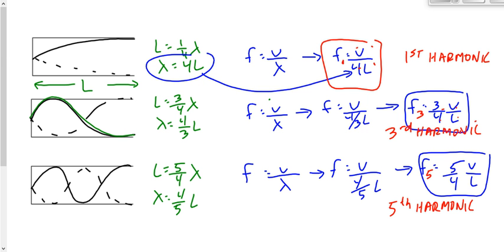We would multiply it by 3, because the second sound produced is the third harmonic, and then the fifth harmonic, and so on. So strings multiply by 2, 3, 4, 5. When we're talking about these closed air columns, we multiply it by 3, 5, 7, 9, 11. Otherwise, it's the same thing. If you can solve those questions on the first side of the page, you're going to be able to solve the questions on the second side of the page.